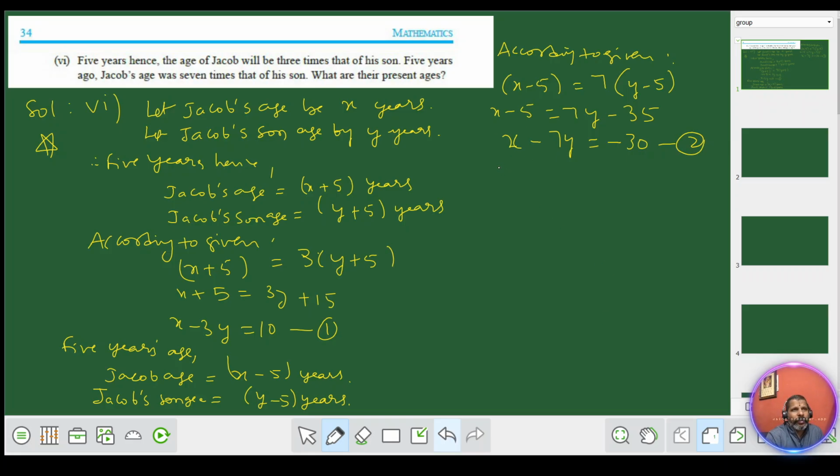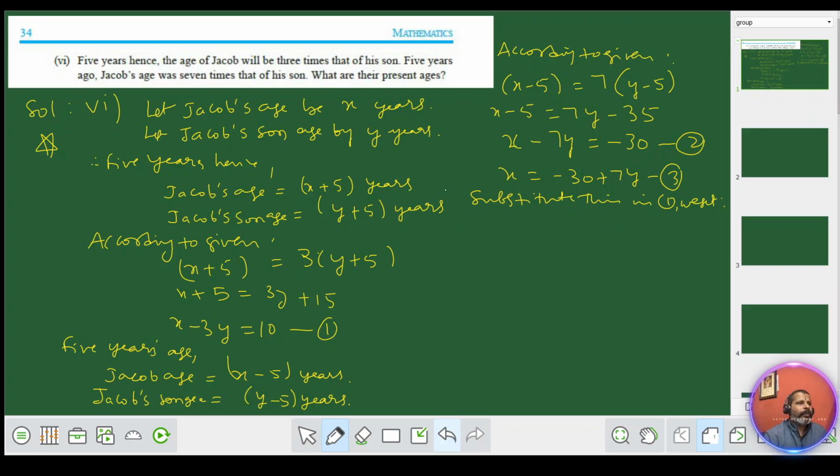Now I'll solve for this only. So x equal to minus 30 plus 7y. I call this equation 3. I solved the second equation for x. Now substitute this in 1. Please note that these statements have to be written like this only.